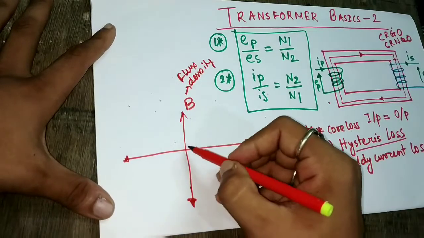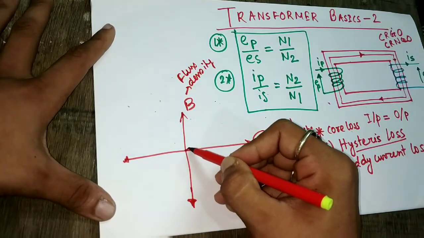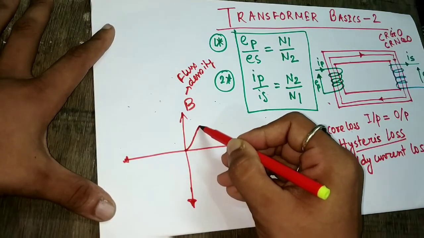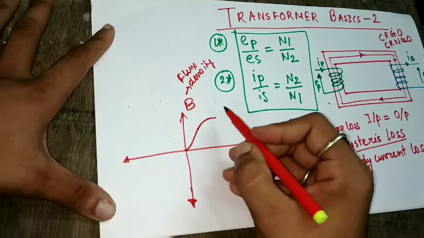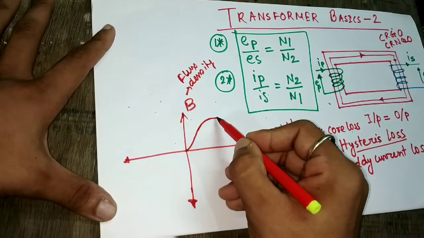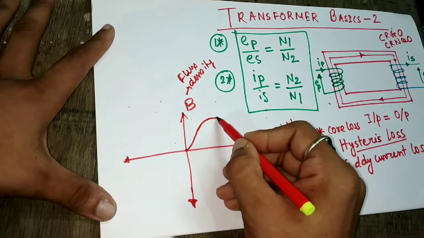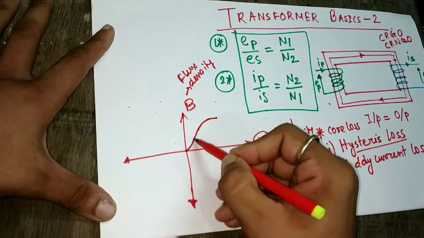Now suppose we apply some field intensity, so the flux density will rise and then it will saturate. Now we are withdrawing the field. What will happen? It will not come back in this direction.